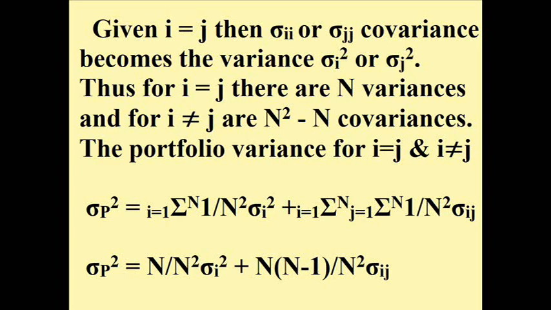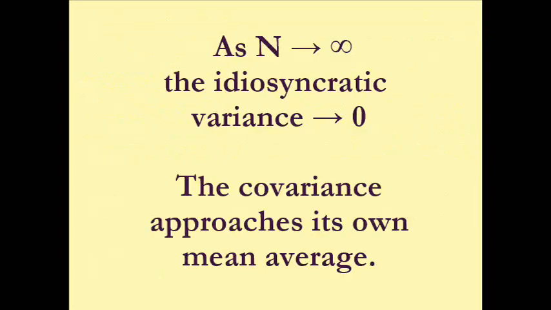The second term approaches 1. So, as n gets big, the idiosyncratic risk, the variance of each individual security, becomes meaningless, 0. And the other relationships, the covariance, the market, if you like, just approaches 1.